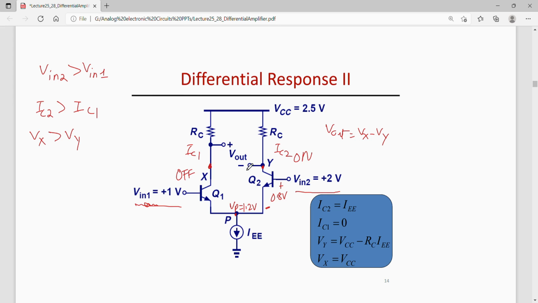So when this is off, IC1 would be 0 and the entire tail current will flow through the collector of transistor Q2. So IC2 I can write as IEE. IC1 is 0, so Vy can be written as VCC minus RC times IEE, and since Q1 is off I can write Vx as VCC.